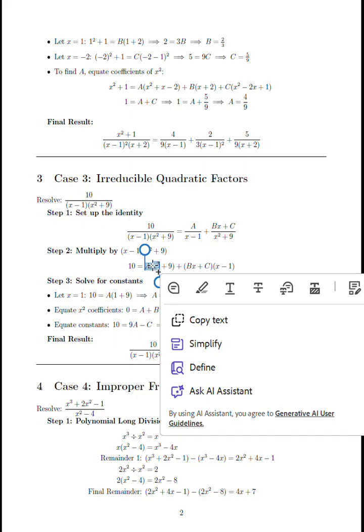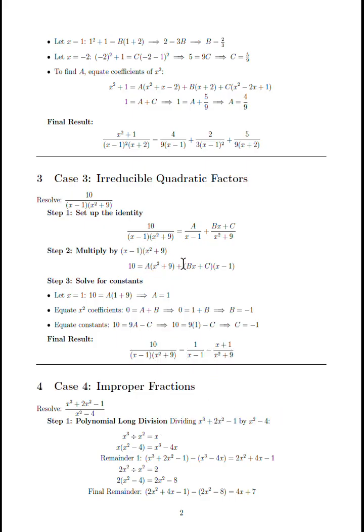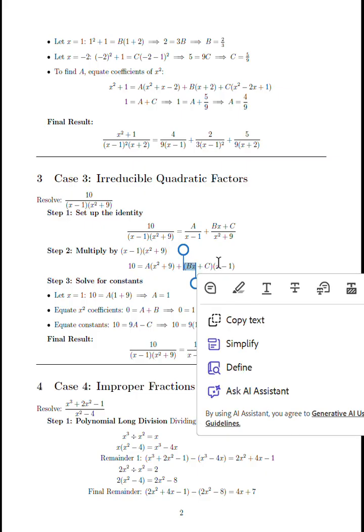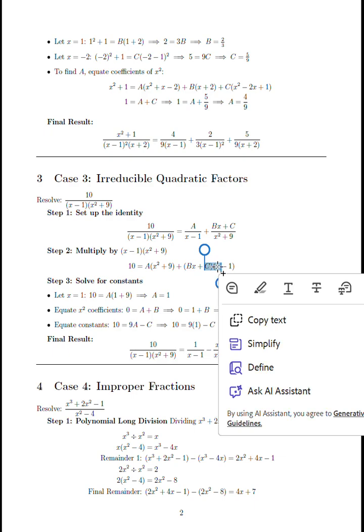But on the right hand side, if we expand, we have ax squared, a will be one coefficient, then bx here times x here will give us bx squared. So we have ax squared plus bx squared. We factor out x squared, we are left with a plus b.